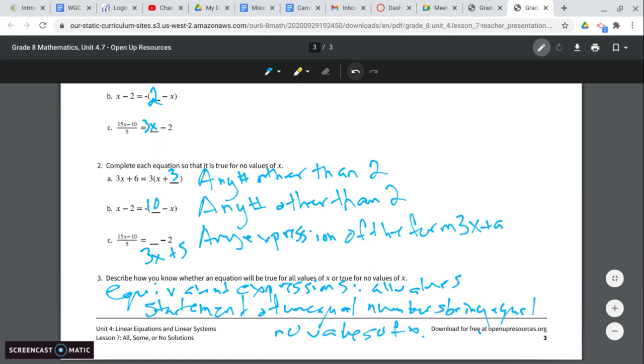So basically, like I was saying before, your variable cancels out and you're just left with numbers that don't actually equal each other, but according to the equation, they're supposed to. So that's when we have those no values of x or no solutions.